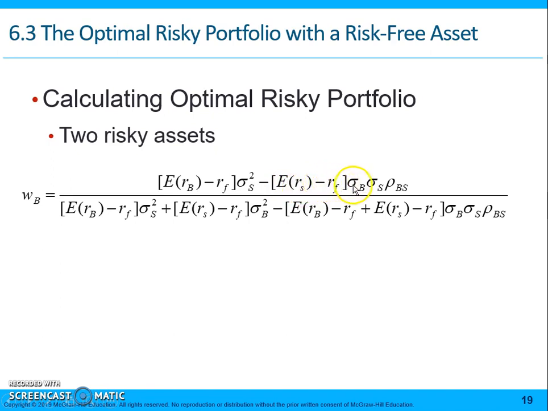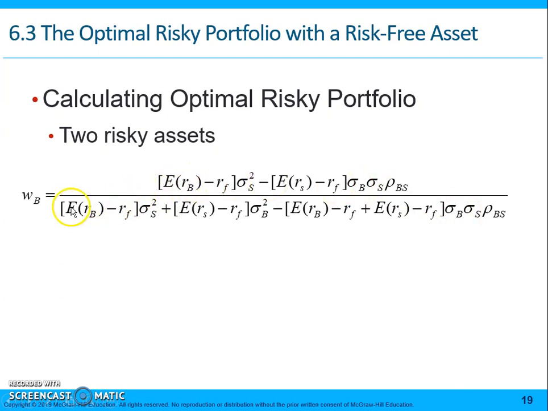We multiply that by the standard deviation for bonds, the standard deviation for stocks, and the correlation coefficient for bonds and stocks. Recall that these three items together are also equal to the covariance for bonds and stocks. That number will repeat itself down here.